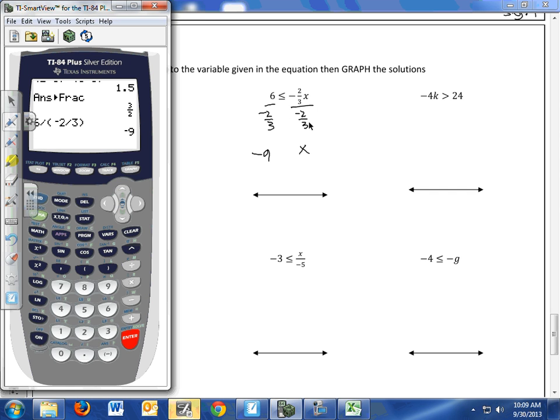However, since I divided by a negative, I must flip my symbol. Okay, this becomes numbers less than or equal to negative 9. Put a closed circle over negative 9. My solutions are less than or equal to negative 9. My solutions are to the left. All right.